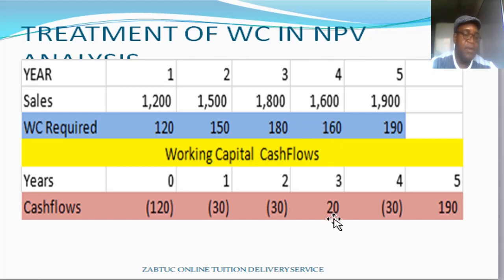Then look at what is happening again. Our working capital requirements have shot up again to 190. So the increase from there to there, which is a 30, is treated as a cash outflow against year 4. And in year 5, now at the end of the project, what happens?